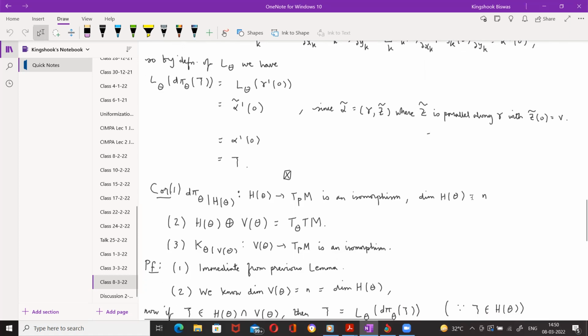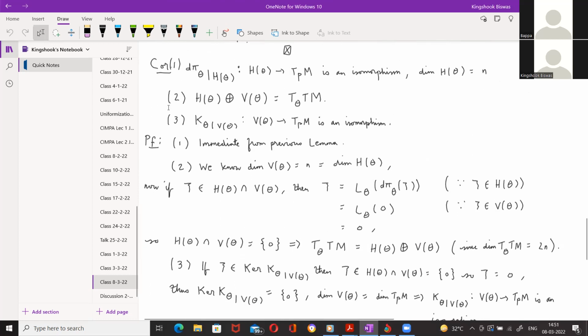So the vertical space v theta and the horizontal space h theta both have the same dimension n. And secondly, we get that h theta direct sum v theta is equal to T theta TM. And also, if I look at the connection map restricted to the vertical subspace v theta, this map from v theta to TpM is also an isomorphism.